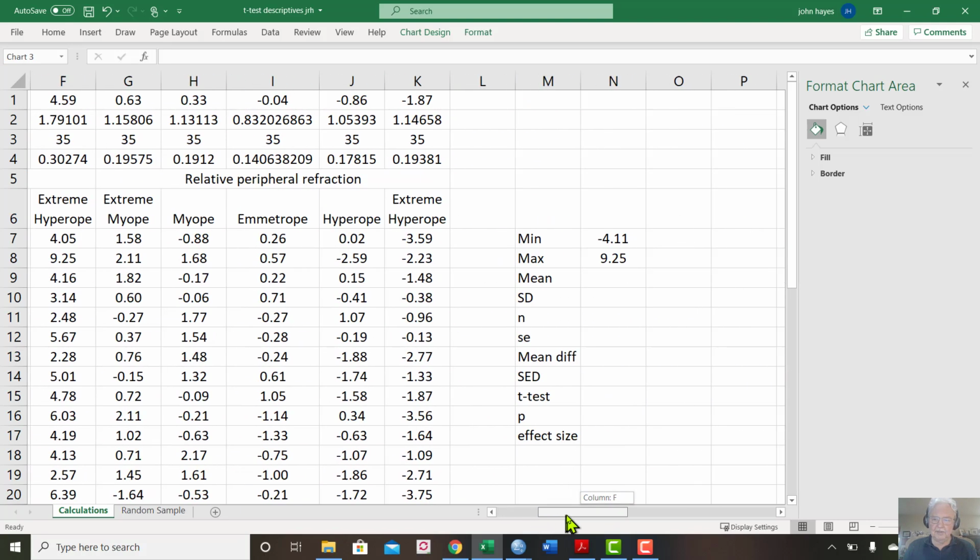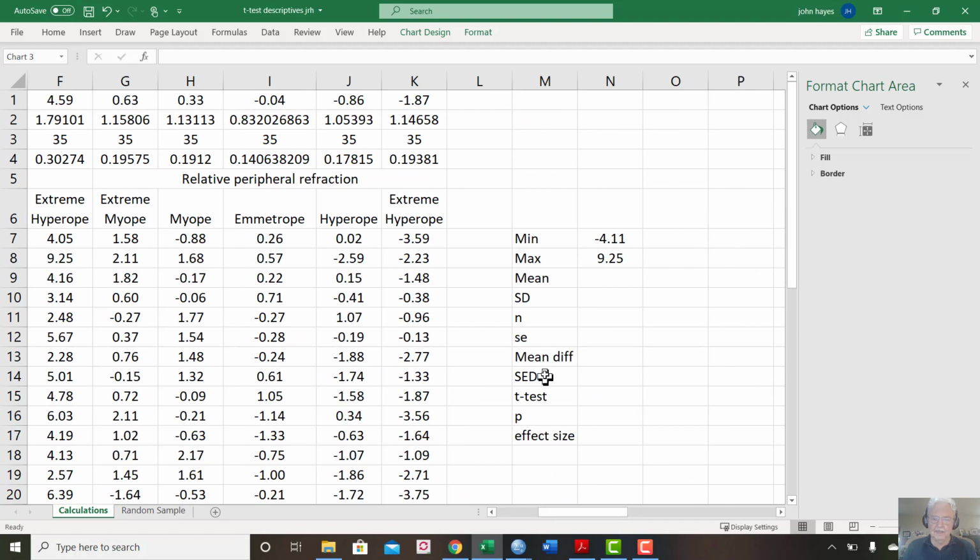Now, some other things we want to do: we're going to do a t-test. To do a t-test, the formula is the mean difference divided by the standard error of the difference.